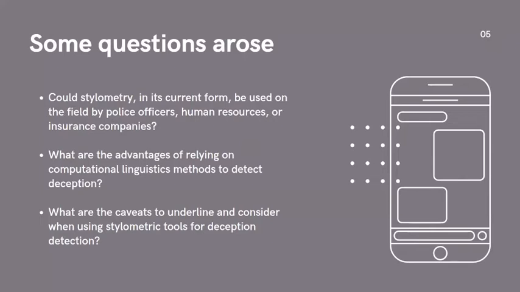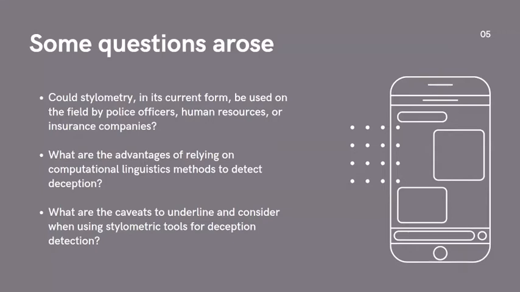The second question was, what are the advantages of relying on computational linguistic methods to detect deception? And then, of course, if you go for the advantages, you have to mention the issues that you might encounter. And we also decided to work on this.